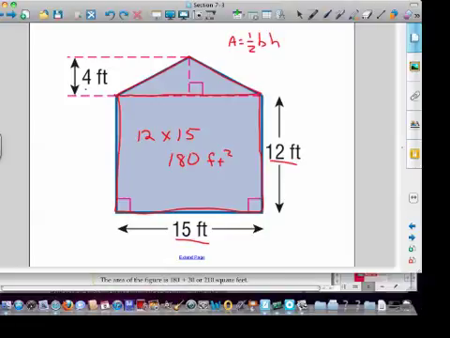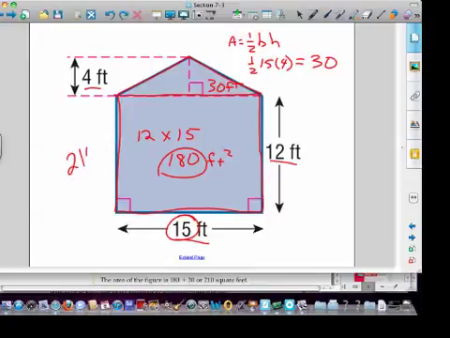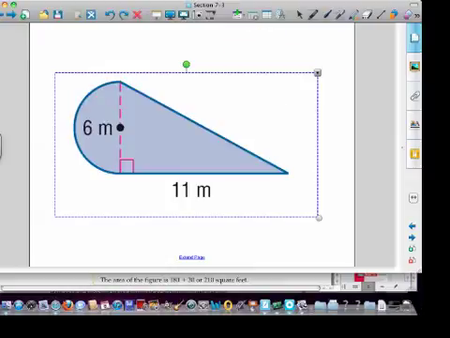And we know the height is 4, our base is going to be the 15 again, so it's going to be 1/2 times 15 times 4, which equals 30. Okay? So we got 30 square feet for this part, 180 for this one, total 210 square feet when we're all done. So that's all we got to do, is simply break down those complex shapes into ones that are simpler.